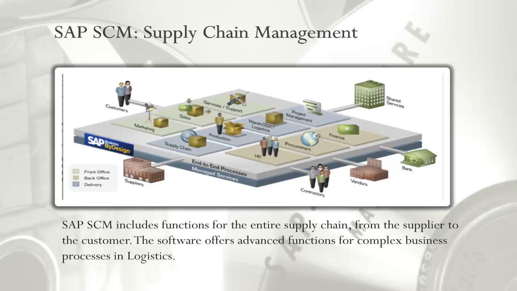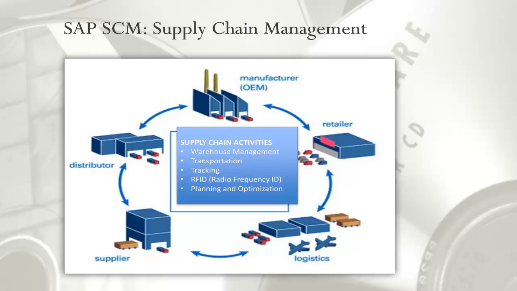The SCM solution offers advanced functions to tackle complex business processes in logistics. There are several diverse individual components of SCM, including transportation, collaboration, planning, optimization, production and warehousing activities. The supply chain management component is an extremely powerful software solution with diverse individual components as those shown in this graphic.